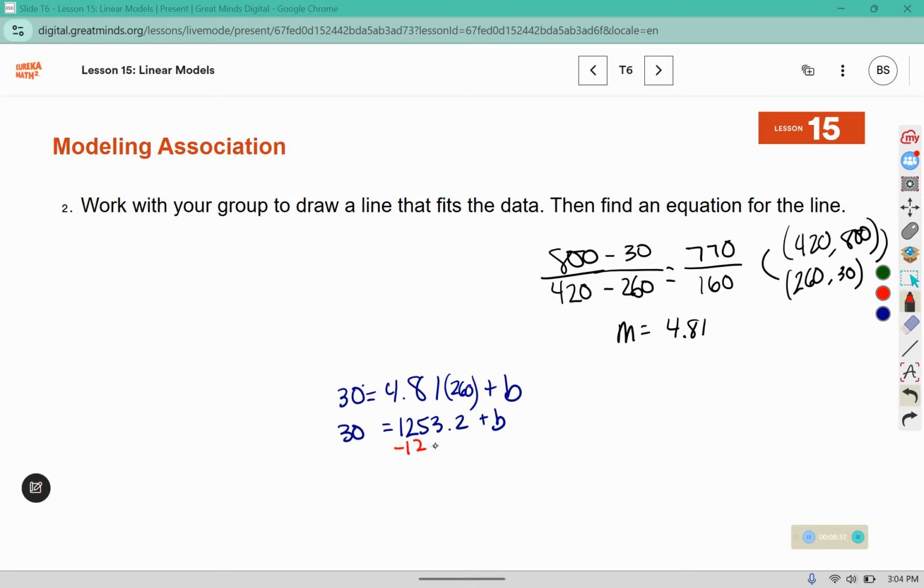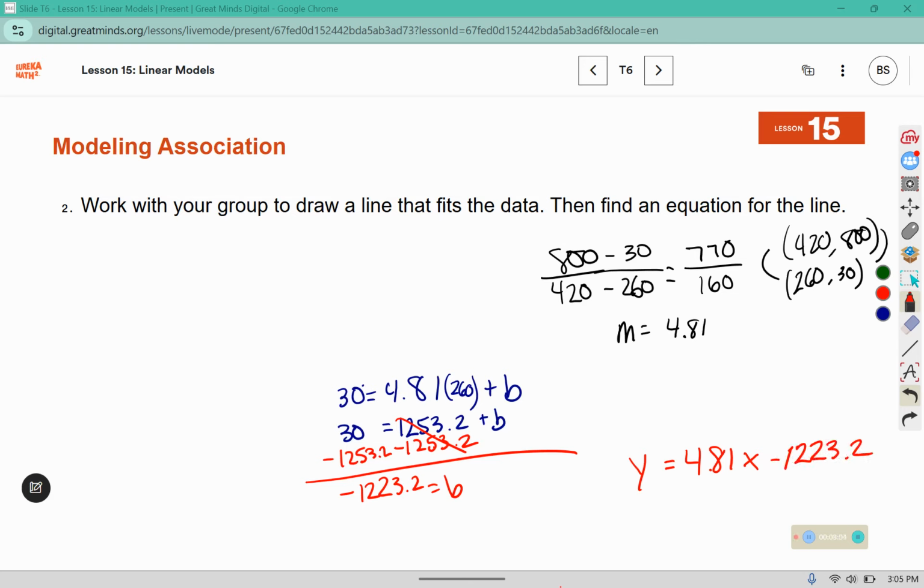Subtract that from both sides to solve it for b. So our equation will say y equals 4.81x minus 1,223.2.